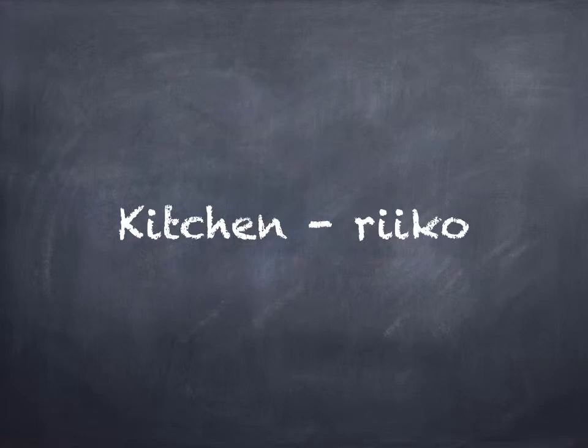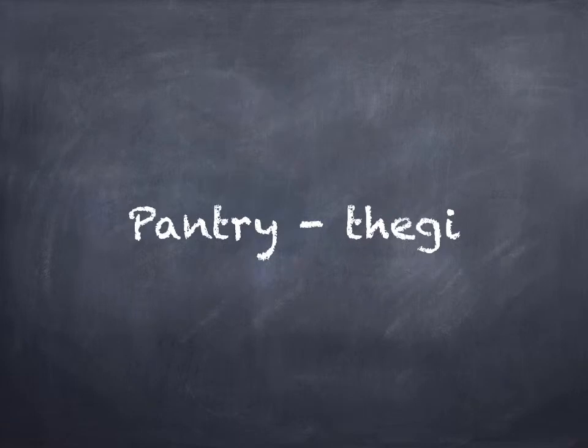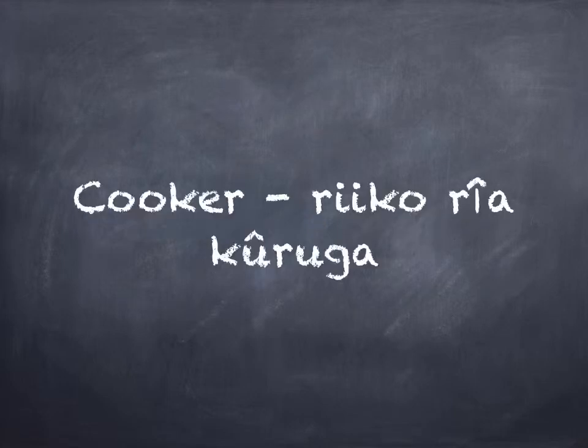And to find out more about the things to find in the kitchen, starting with the cooker, which we call riiko rya kûihûra. And now to look at the variety of the cookers.